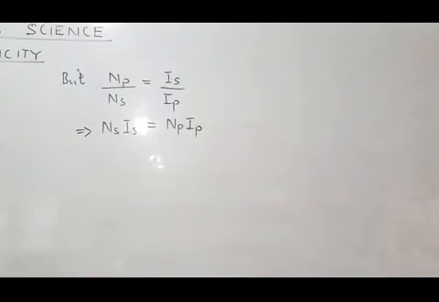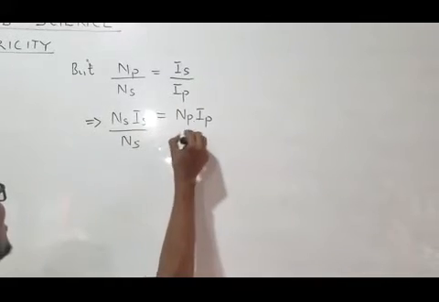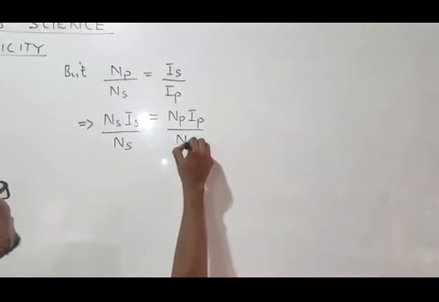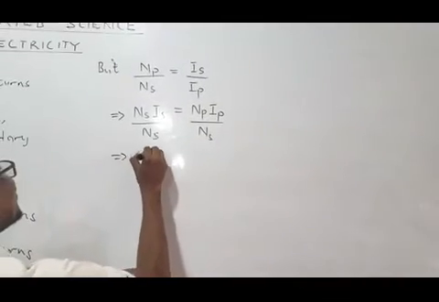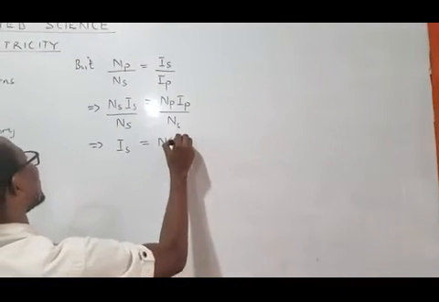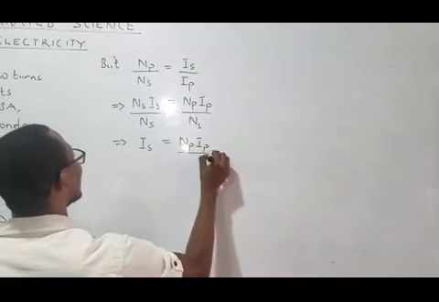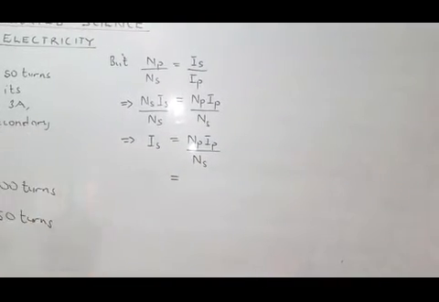You are making IS the subject, so you divide both sides by NS. These cancel out, and so you have IS equal to NP IP over NS. We do a substitution.